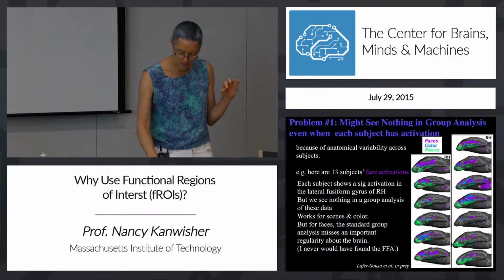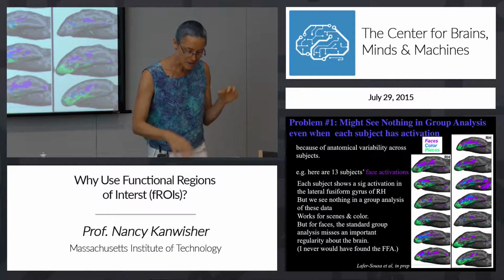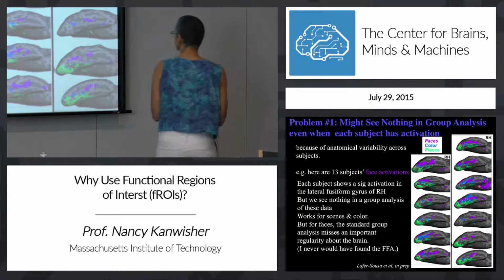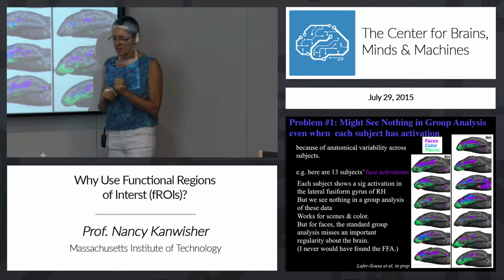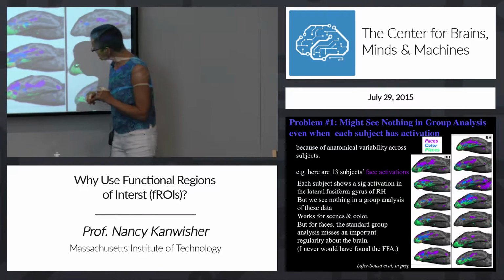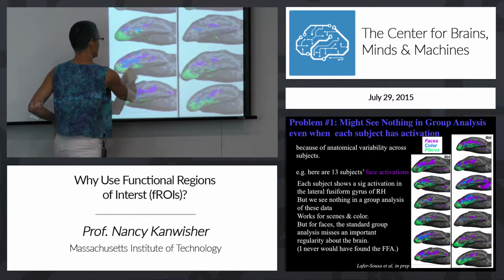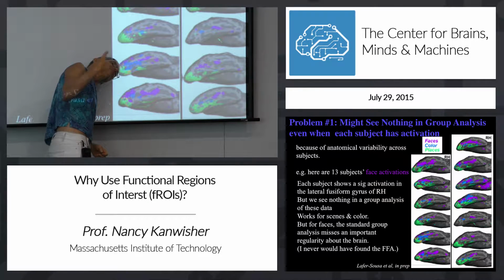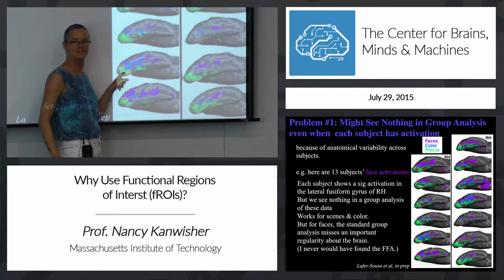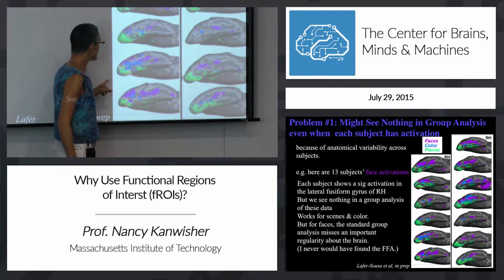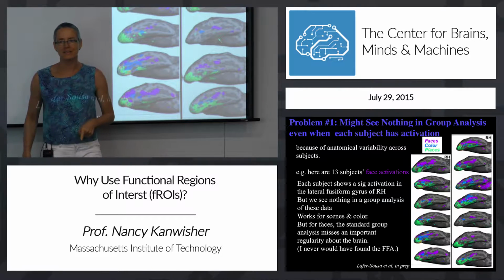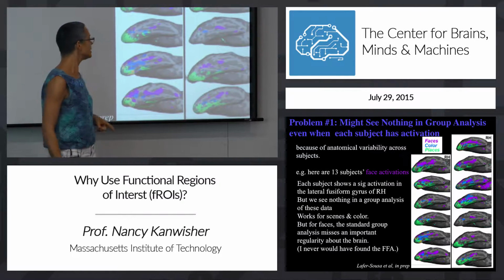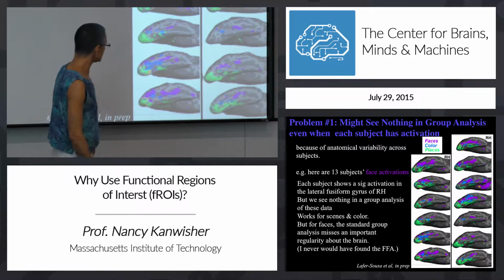Okay? So here's an example from a paper that we're writing right now in my lab. This is the data from Rosa Leifer-Souza, and this is the bottom of the right temporal lobe, oriented. How is this oriented? Okay, this is the back of the head, front of the head, so it's oriented like that, looking at the brain this way. Everybody got this picture? The purple bits are the face-selective bits in these, I think, 13 subjects.